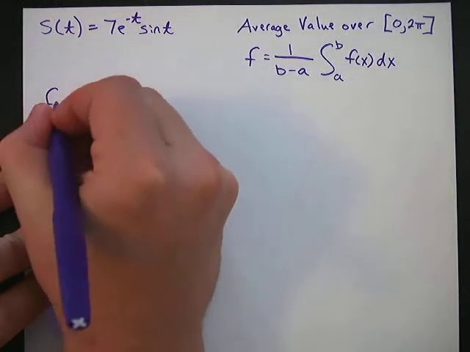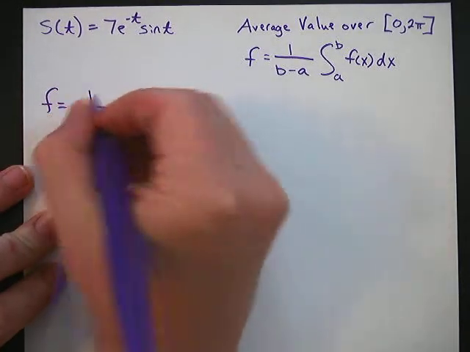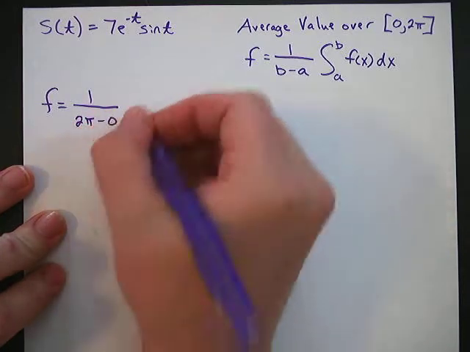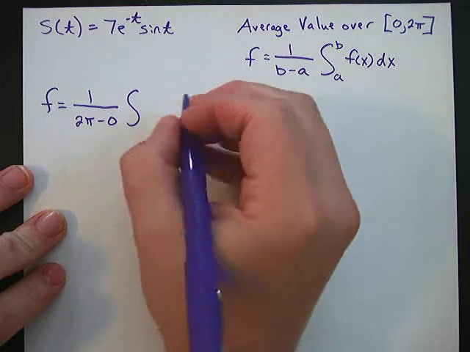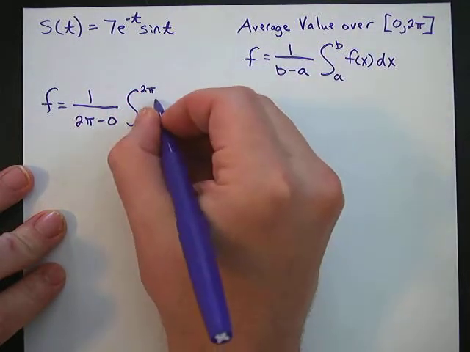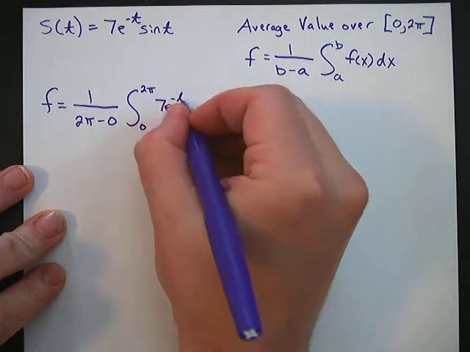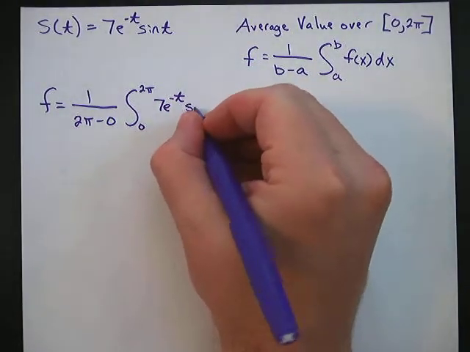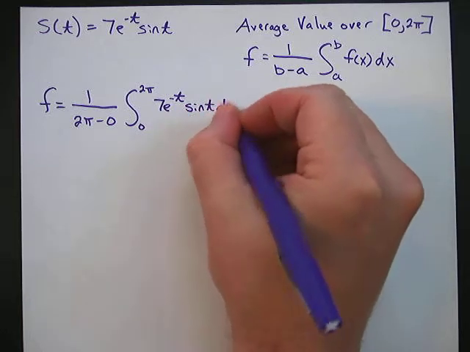We have f is equal to 1 over 2 pi minus 0 times the integral from 0 to 2 pi of 7e to the negative t times sine t dt.